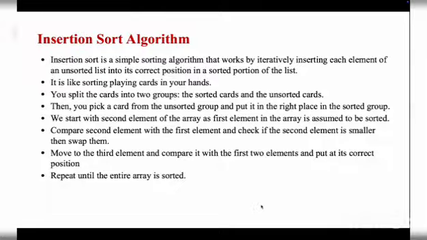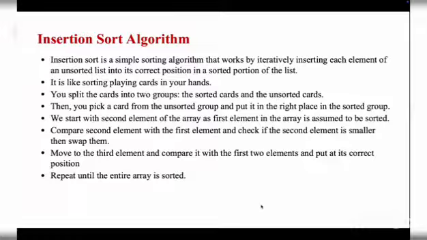You split the cards into two groups, the sorted cards and the unsorted cards. Then you pick a card from the unsorted group and put it in the right place in the sorted group. We start with the second element of the array, as the first element is assumed to be sorted. It is compared with the first element, and if the second element is smaller, we swap it.